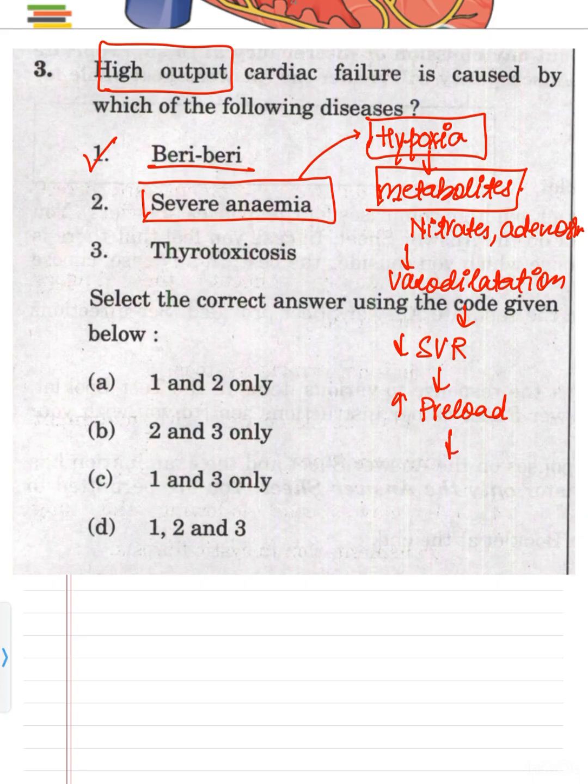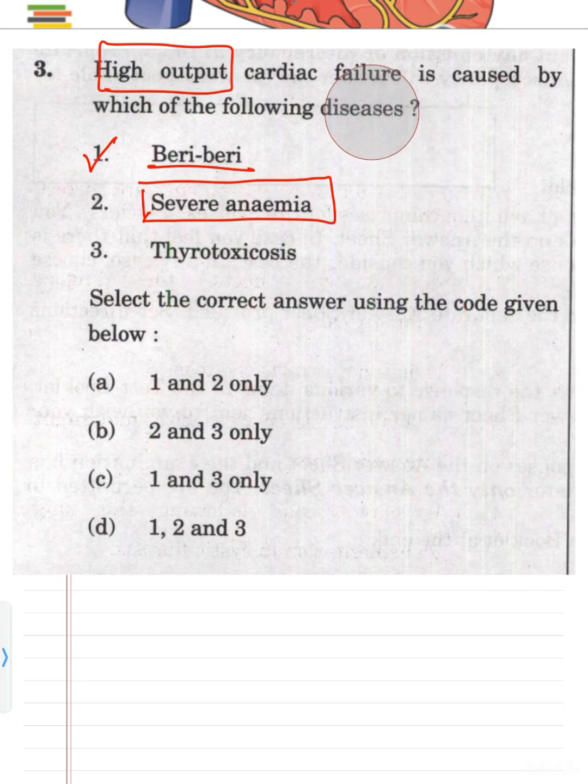Then it will stretch the heart by the Frank-Starling law, and cardiac output will increase. So the pathology is the same after vasodilatation: decreased systemic vascular resistance, then increased venous return, then increased preload, then increased cardiac output. So again, in severe anemia, there will be high output cardiac failure.